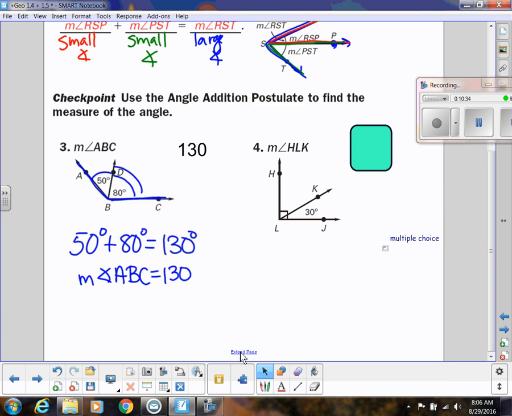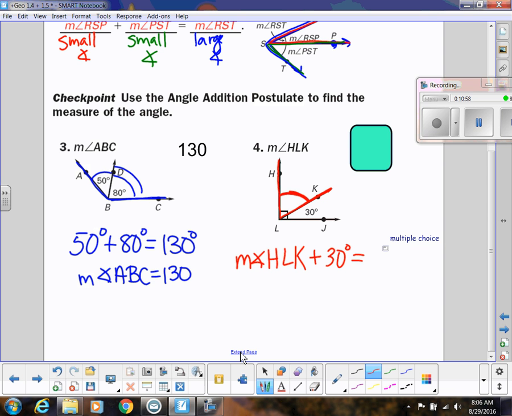All right, and then here we're using the same postulate, but we're kind of using it backwards. So we're solving for a different variable. We're trying to find the measure of HLK. That's this angle right here, and that's a smaller angle. So the measure of angle HLK plus that 30-degree angle is going to equal that total angle, which is a right angle, or 90 degrees.